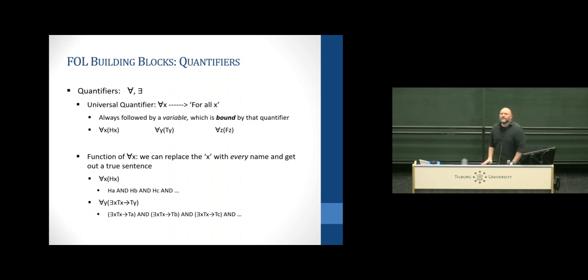Variables are always attached to quantifiers. Quantifiers are always attached to variables. This variable is, to use the lingo, bound by the quantifier. It serves the quantifier. The universal says all or every.